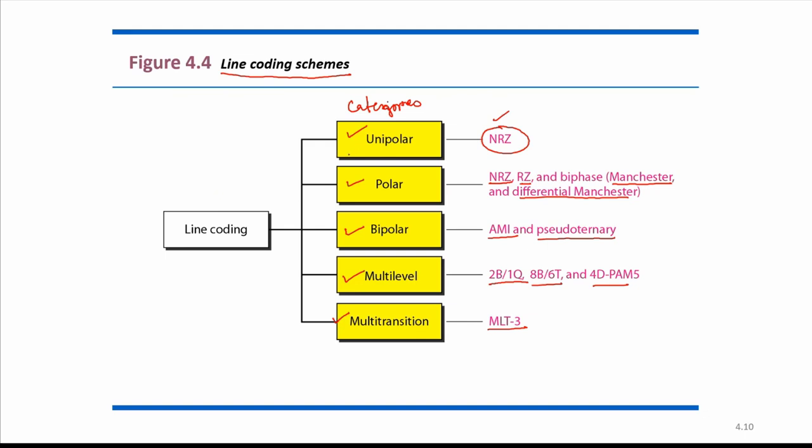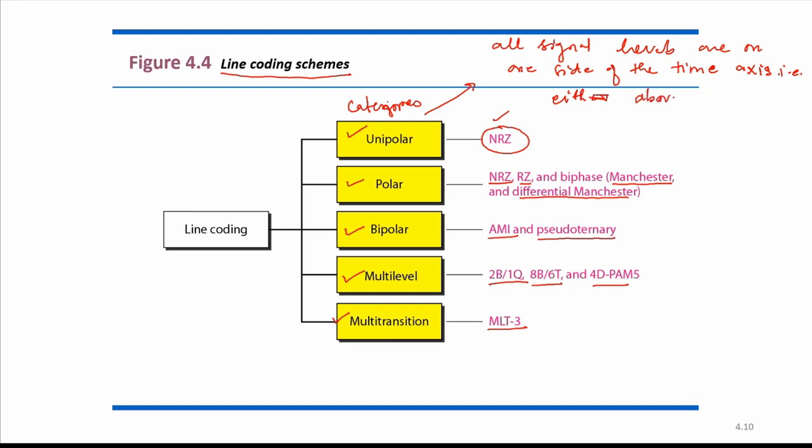So unipolar means all signal levels are on one side of the time axis, either above or below.